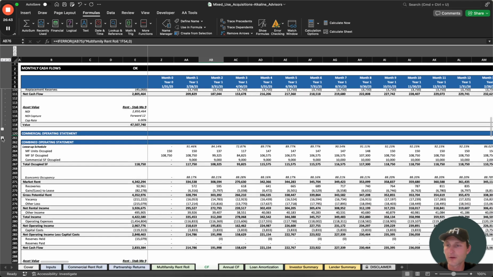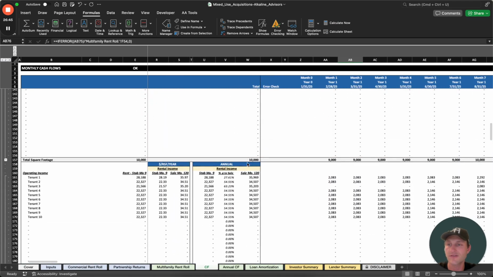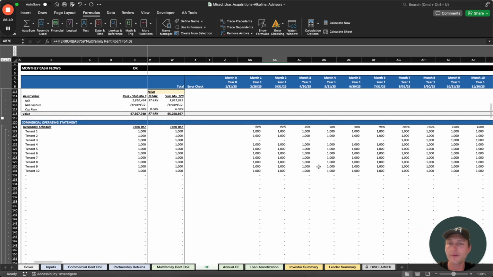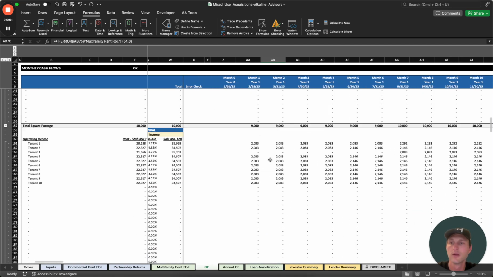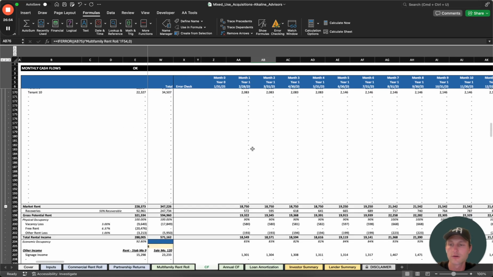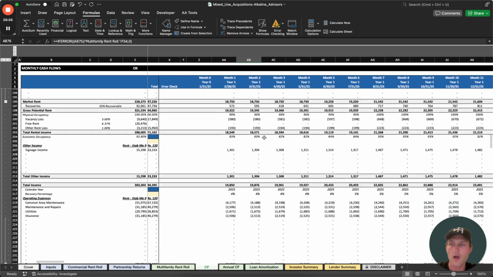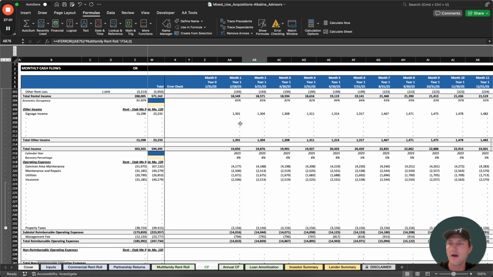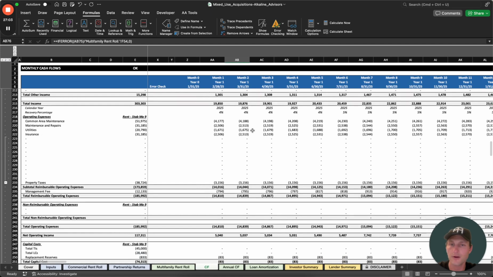Underneath, we have something similar for the commercial operating statement specifically, right? We are separating it out so you can see just what the occupancy schedule looks like at a commercial level. Same thing with revenues. Then we have other losses. We have operating expenses.